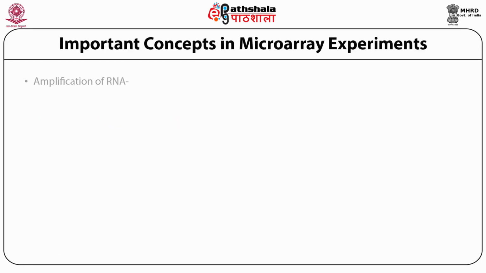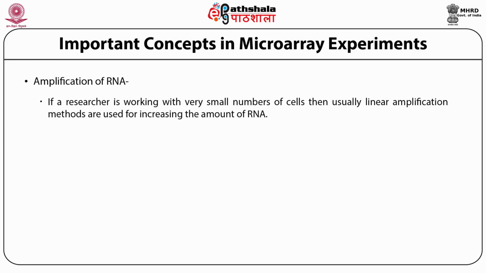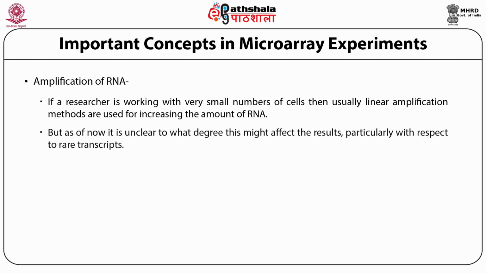Second is amplification of RNA. If a researcher is working with a very small number of cells, then usually linear amplification methods are used for increasing the amount of RNA. But as of now, it is unclear to what degree this might affect the results, particularly with respect to rare transcripts. The third is dye swaps.